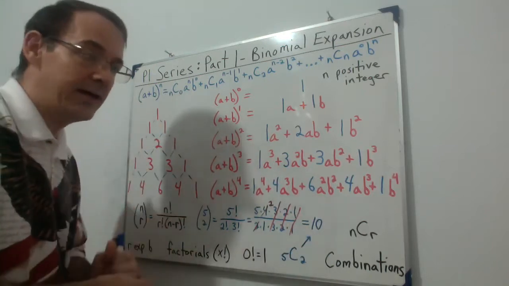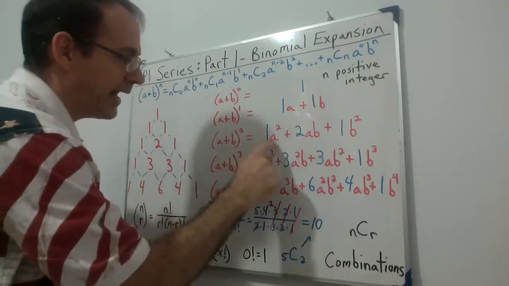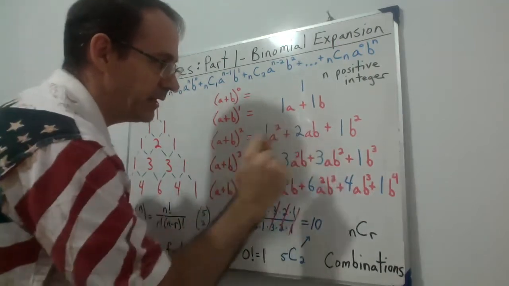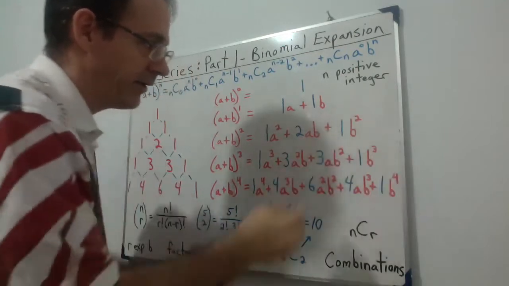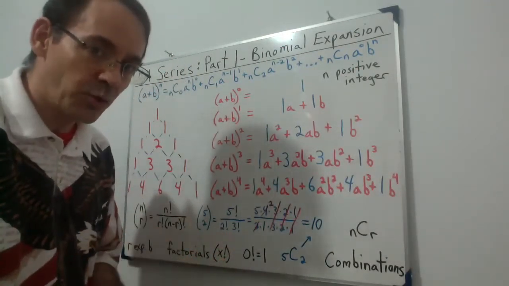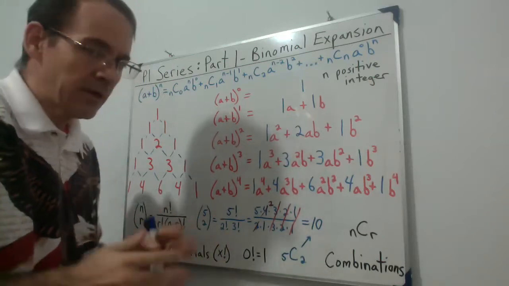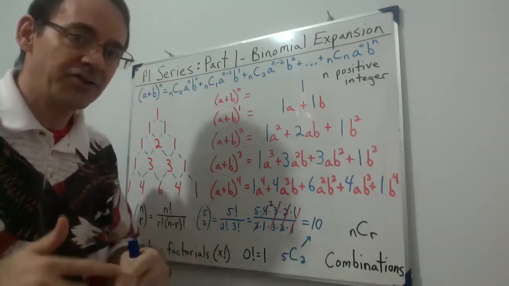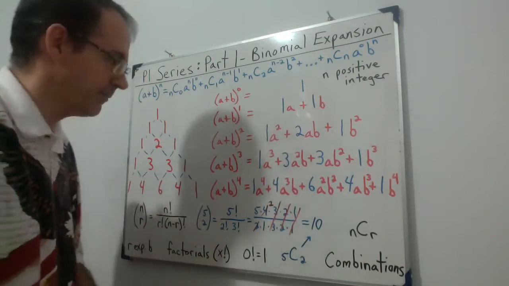But if you do that, you're going to end up with 1a squared plus 2ab plus 1b squared. Now again, I'm putting the ones. Normally you wouldn't write the ones, they're understood. Again, I'm writing the ones so that you can see a pattern develop.